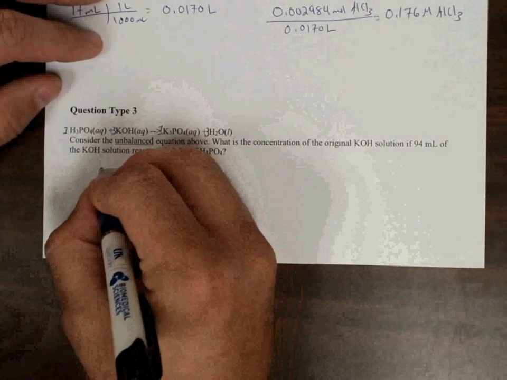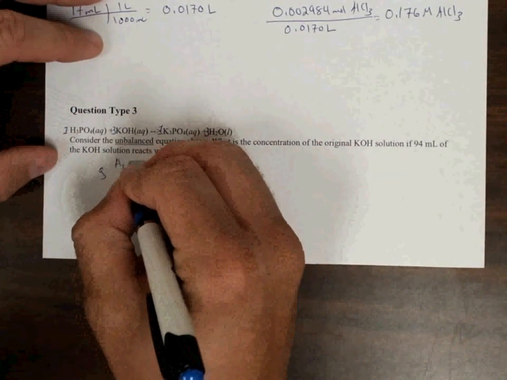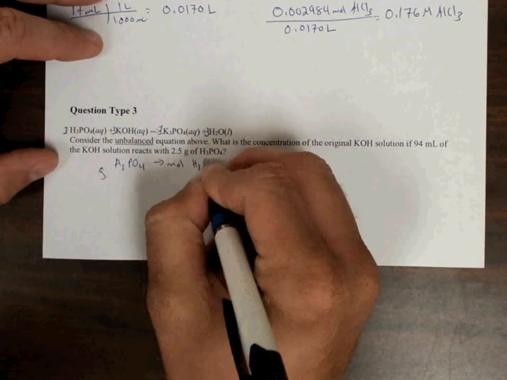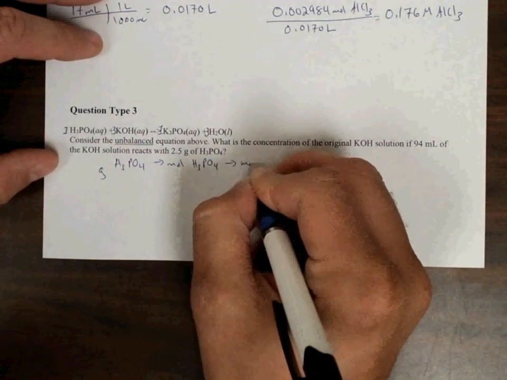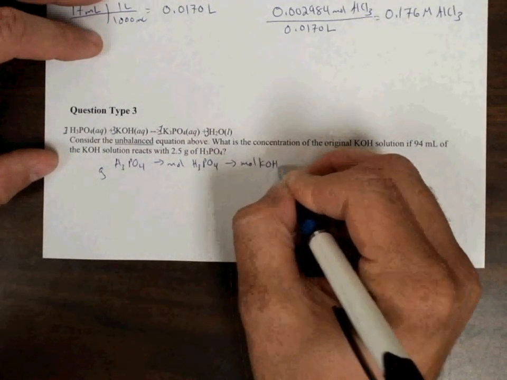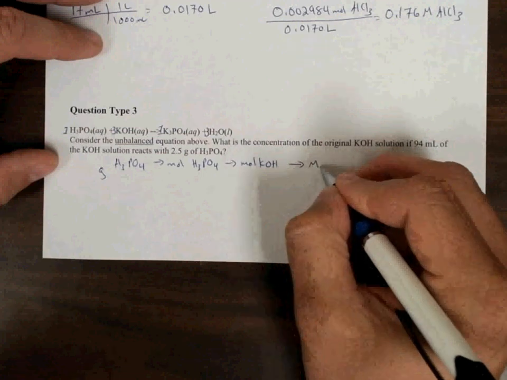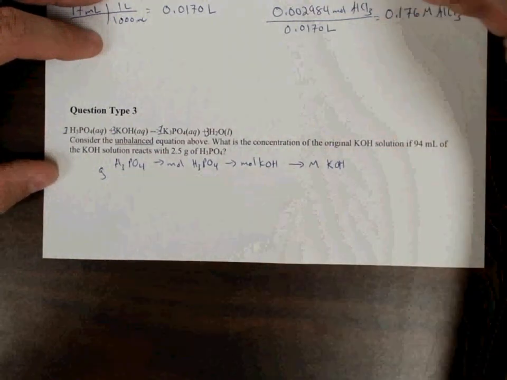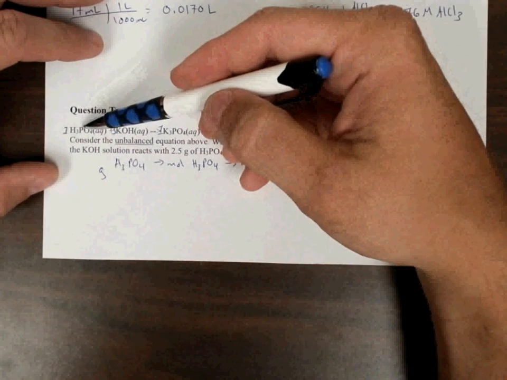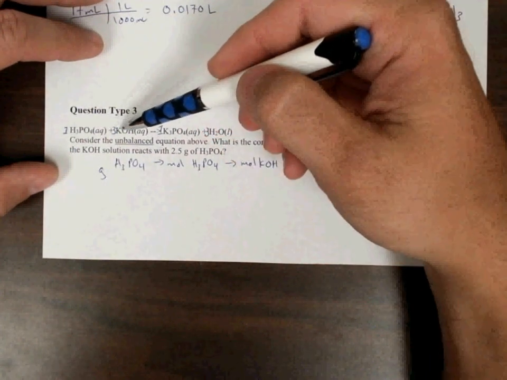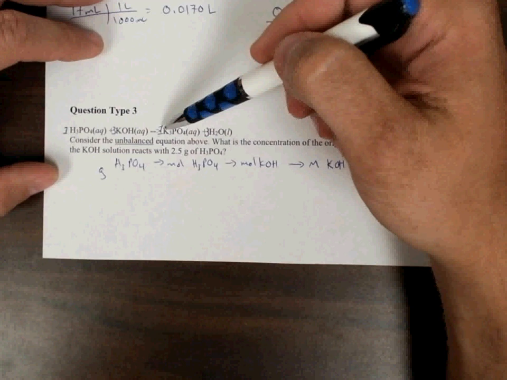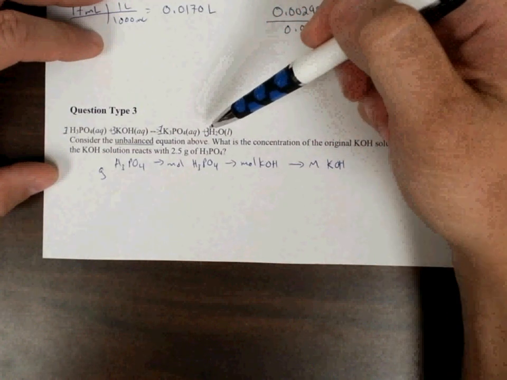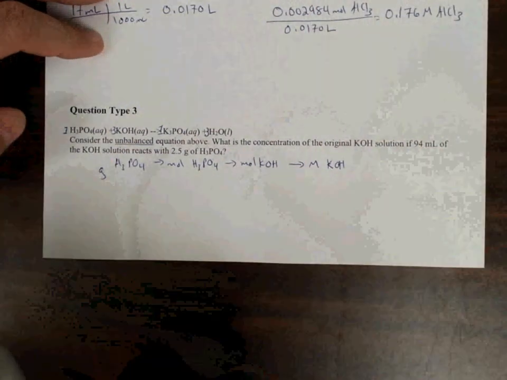Okay, so we have to go from grams of phosphoric acid to moles of phosphoric acid to moles of KOH, and then to molarity of KOH. So we need to balance our equation. So for every 1 mole of phosphoric acid, we have 3 moles of KOH, which produces 1 mole of potassium phosphate and 3 moles of water.